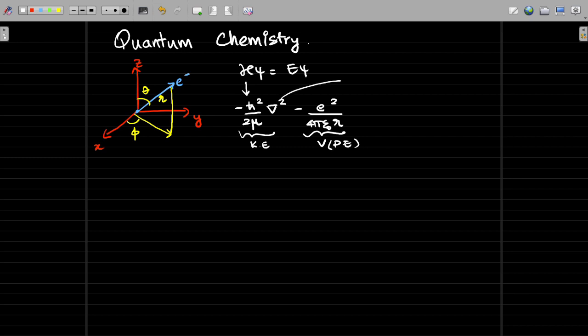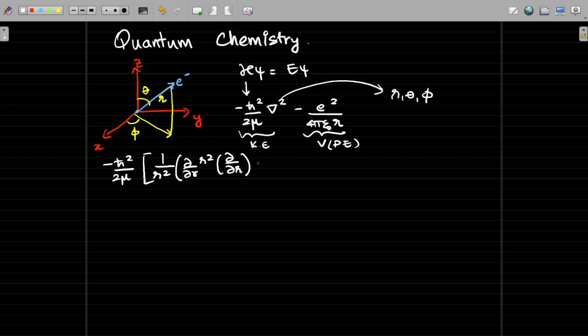Then we converted the del square into r, theta, phi, and therefore this got reduced to minus h cross square by 2 mu, 1 over r square dou by dou r, r square dou by dou r, plus 1 over r square sin theta dou by dou theta, sin theta dou by dou theta, plus 1 over r square sin square theta dou square by dou phi square.